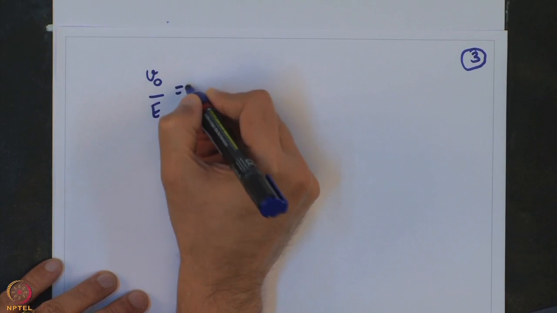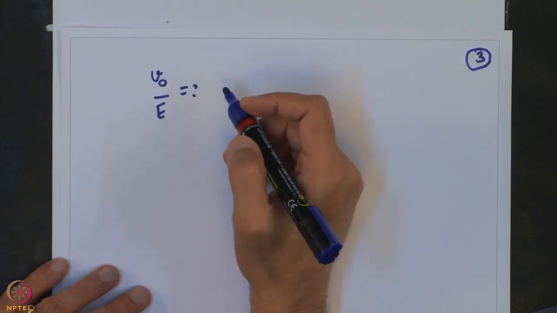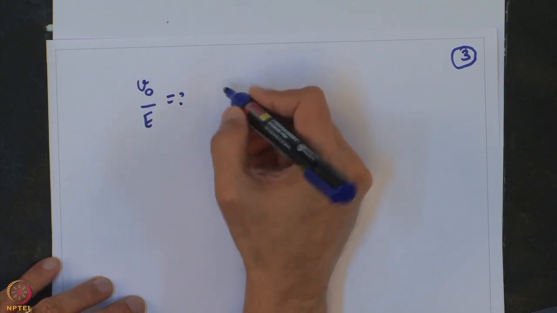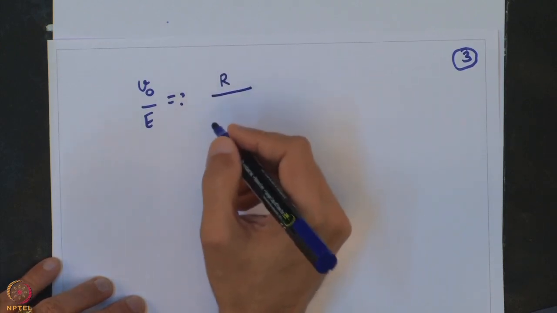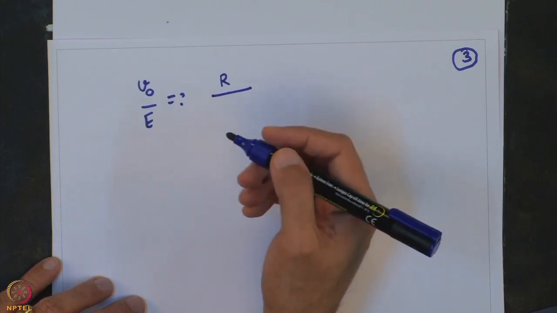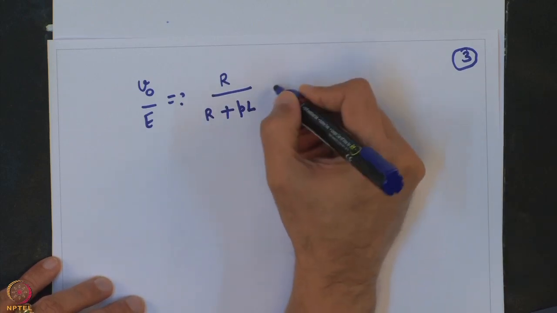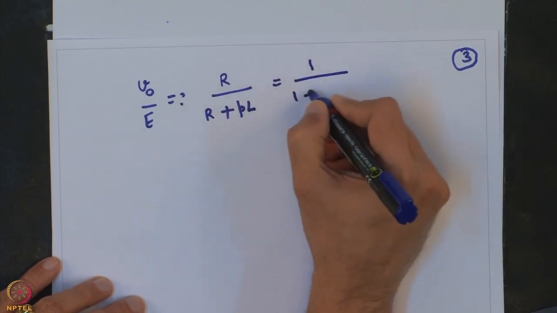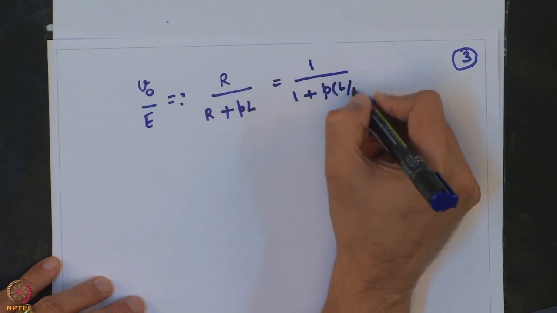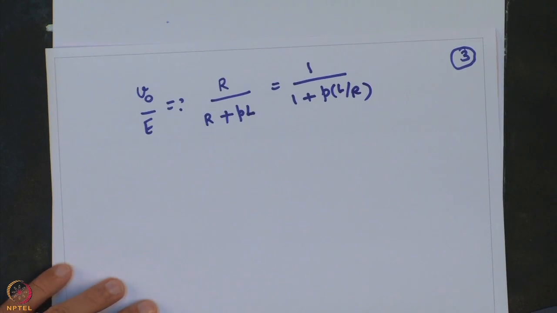Now getting back to our original problem, that we wanted to see how VO varies with E, or we wanted to determine VO by E, we can write the following expression again. What is VO over E? Using the potential dividers and using the differential operator P, we can straight away write that VO by E is equal to R over R plus PL, which I can manipulate a little bit and write in a different form this way.